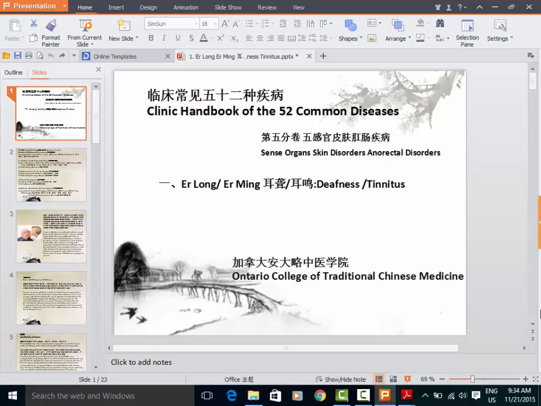Liver yang rising. Yeah. What else? Dampness. Where? Gallbladder dampness. Dampness or damp heat? Or damp heat, yeah. Okay. Why does that cause deafness? Sometimes.